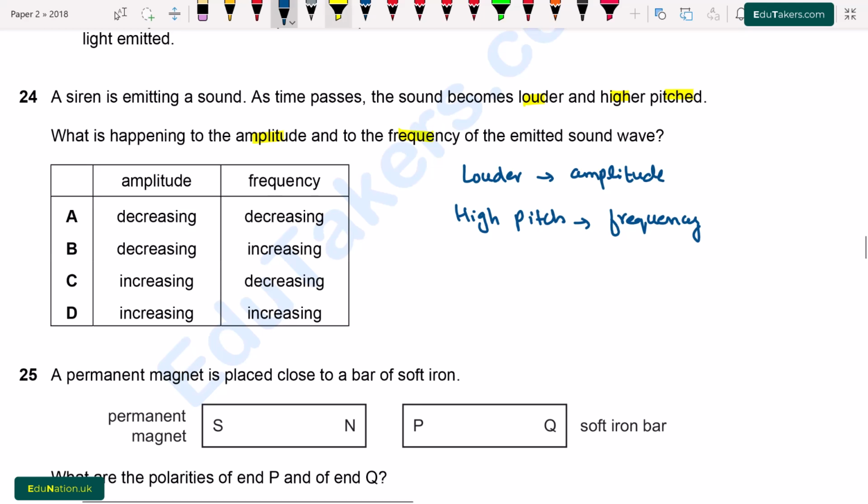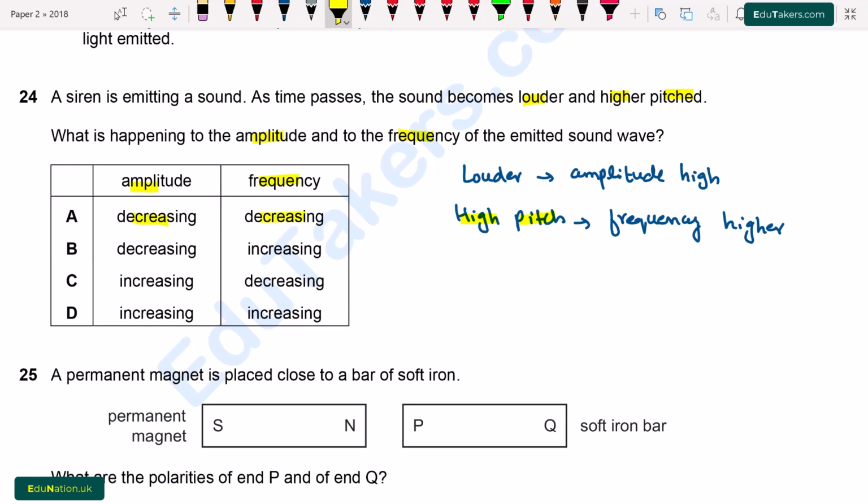So here is high pitch. It means that frequency will be higher. Similarly, louder sound means greater amplitude. So here I write amplitude will be high. Now we see the options, amplitude and frequency. Option A, decreasing.